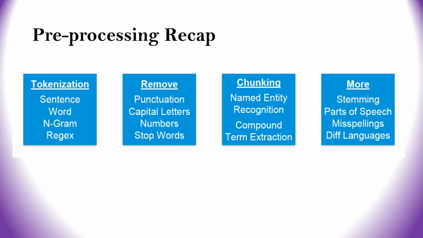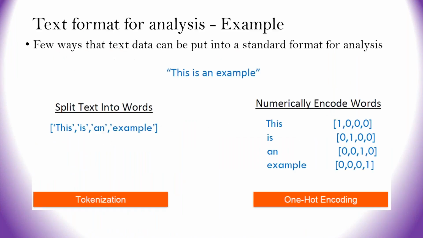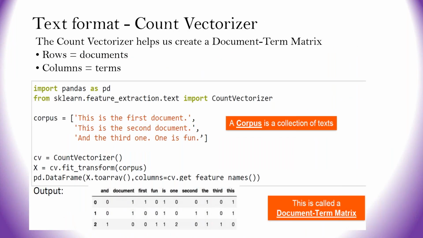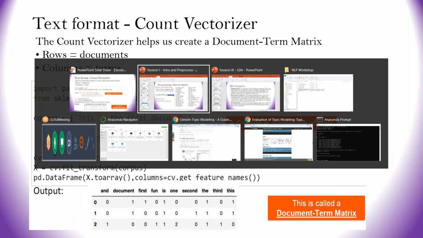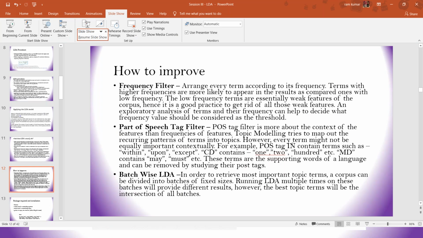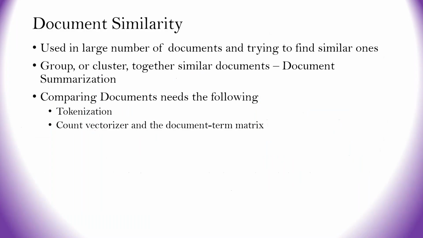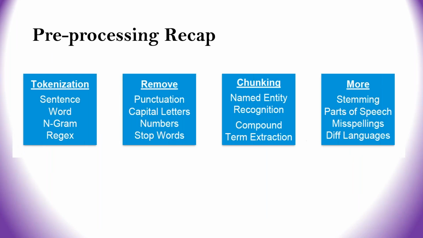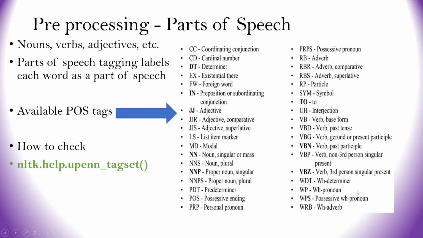So how does it look like? We had also seen it, and I'll run the code again. If we look at the example CD, it is already defined what CD is. You can always refer to this table.